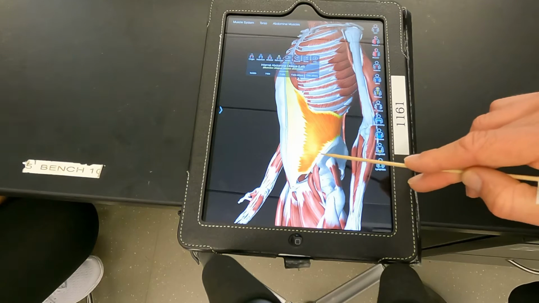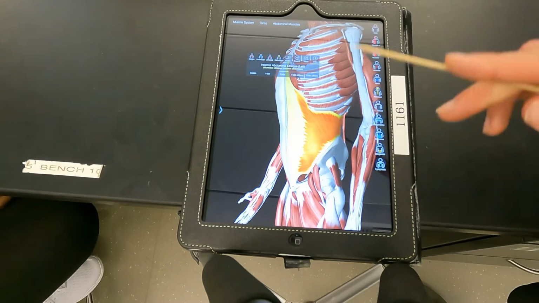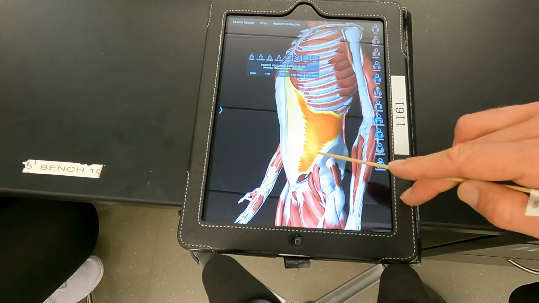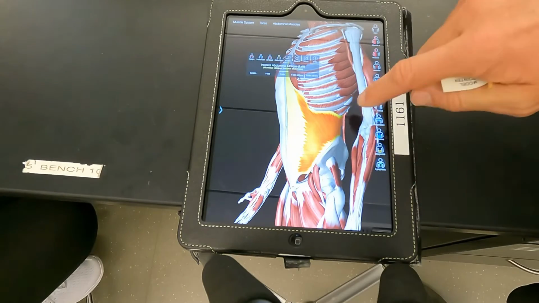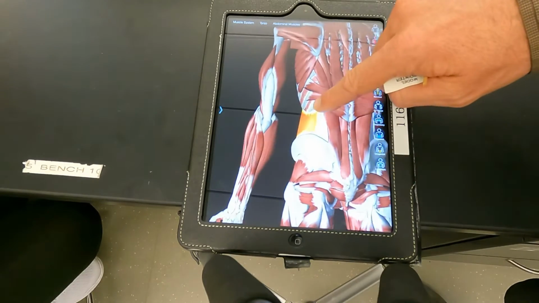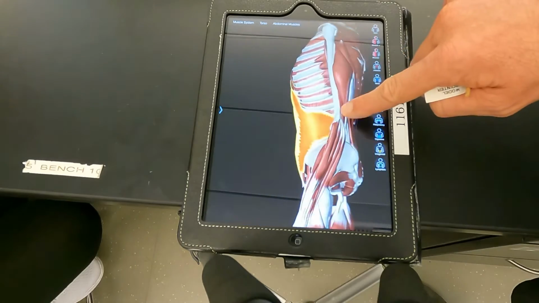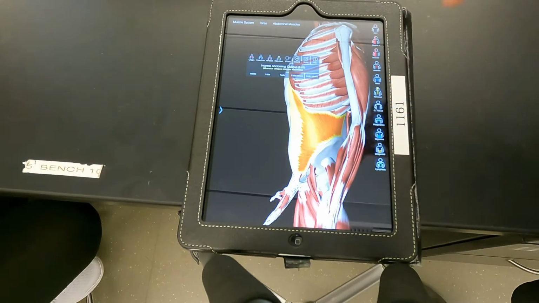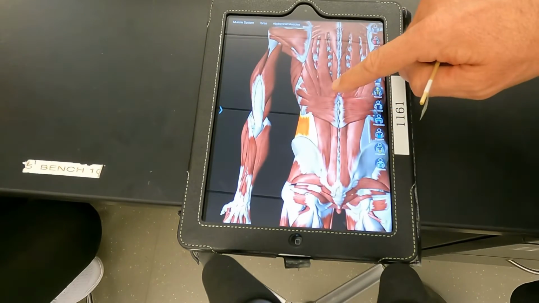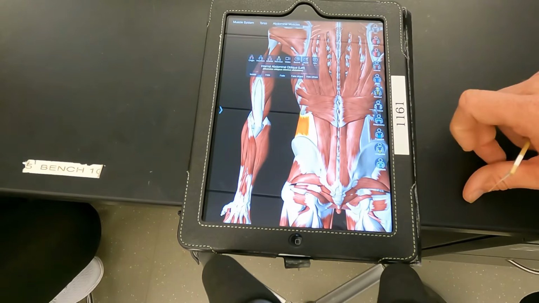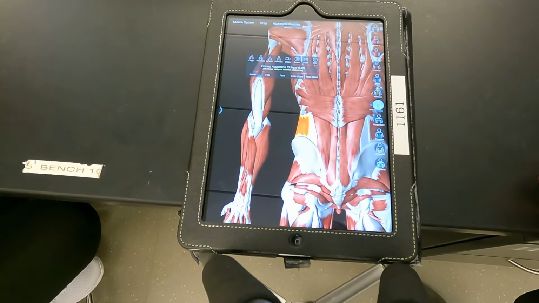Where's the origin for that internal abdominal oblique? You see a lot of it on the hip, on the ilium portion of the hip, and the iliac crest as well. And then it also comes around, if you look at the posterior side.